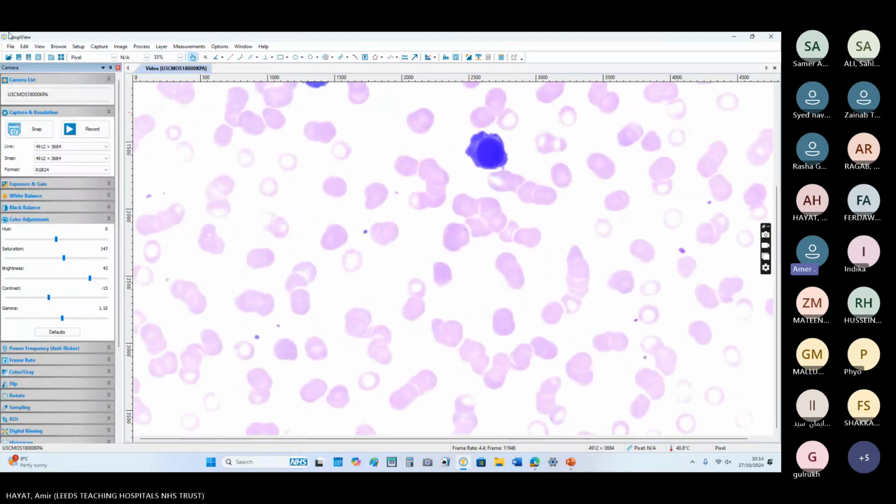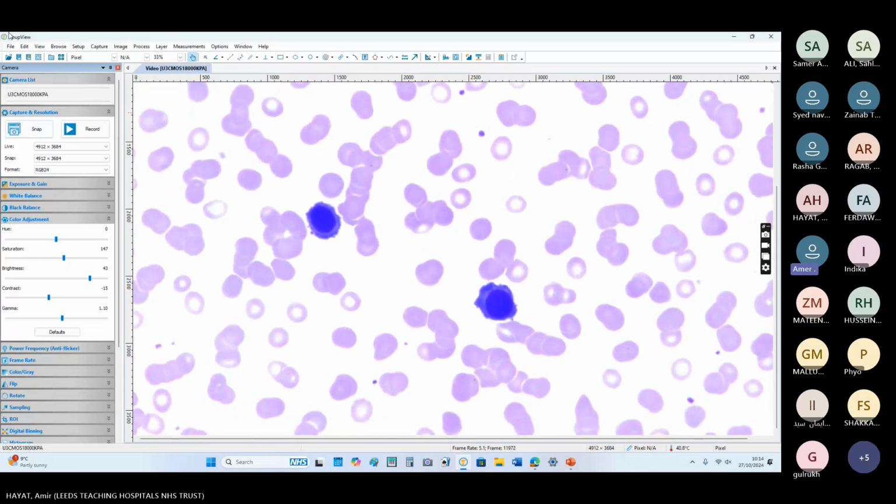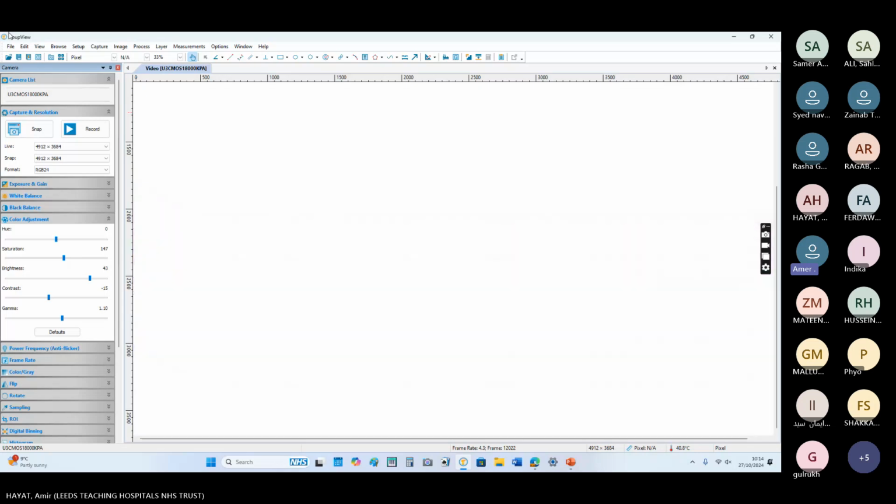So the main point behind this blood film is that you can get a question in the exam which will tell you that the flow cytometry is showing CD56 positive. But when you open the blood film, it has a lot of plasma cells.